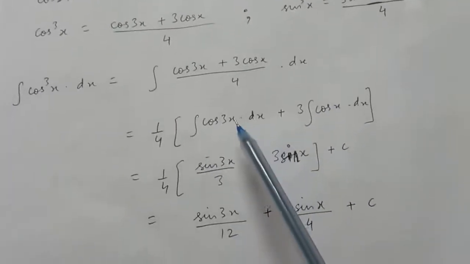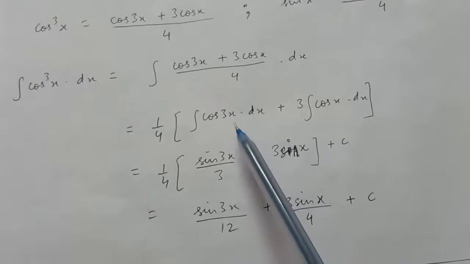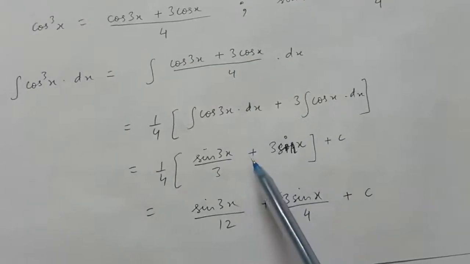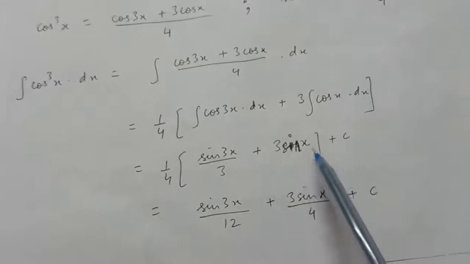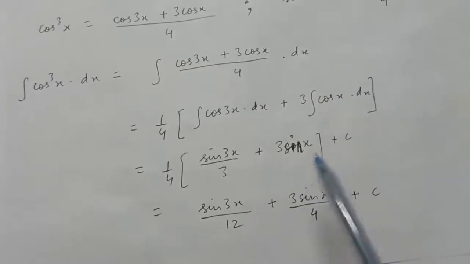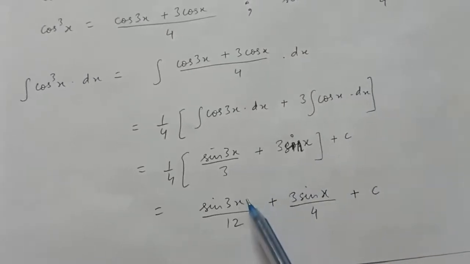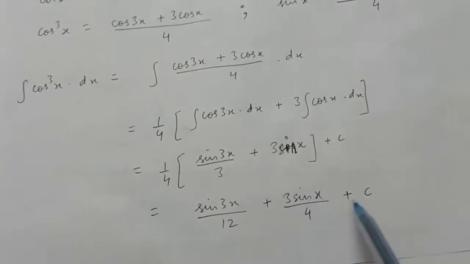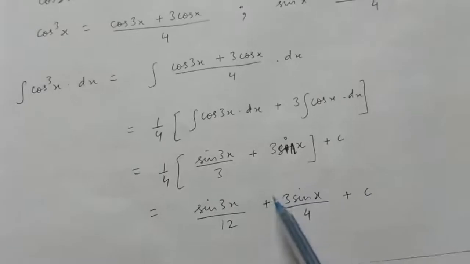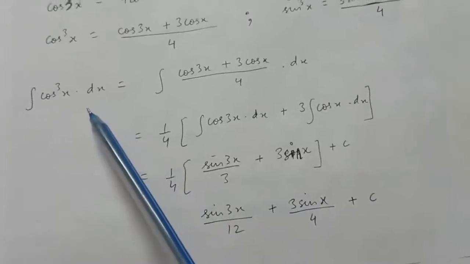Now you know the integral of cos 3x is sin 3x upon 3 plus 3 as it is, integral of cos x is sin x plus c. So you will get the answer as sin 3x by 12 plus 3 sin x by 4 plus c. So this is one method to solve cos cube x.